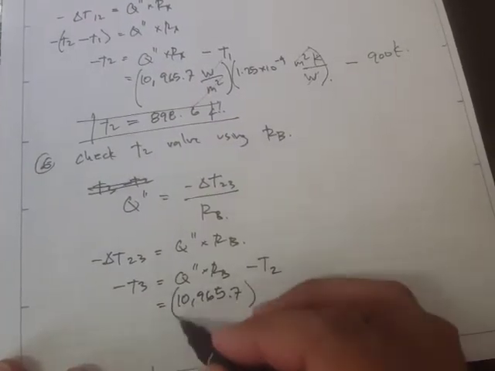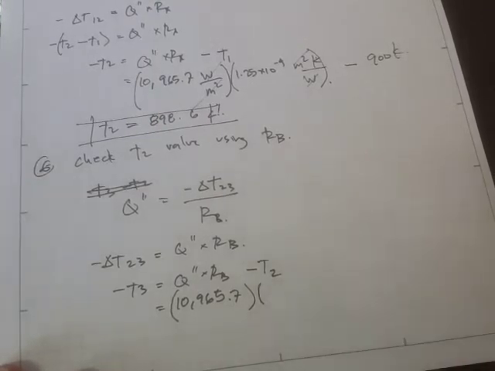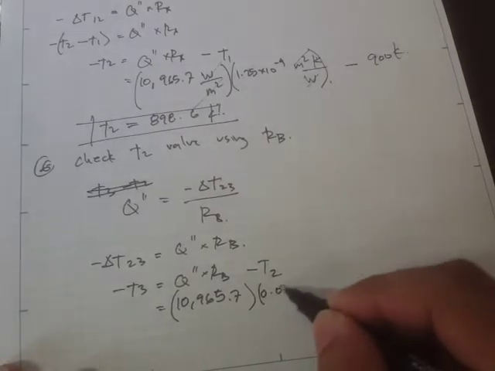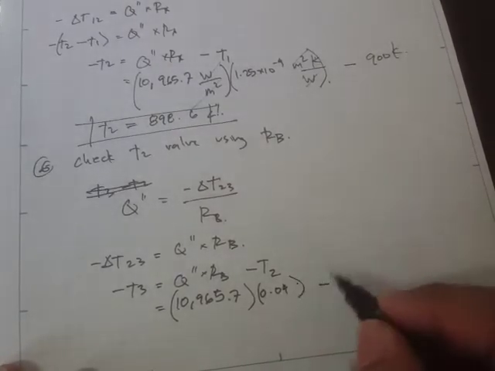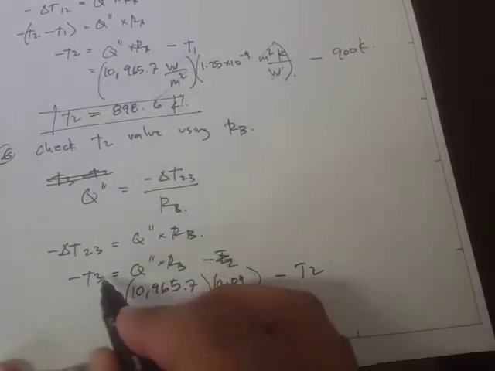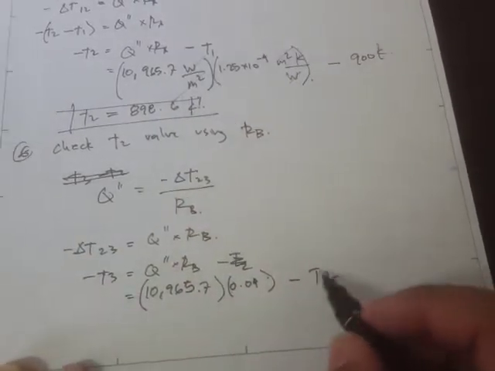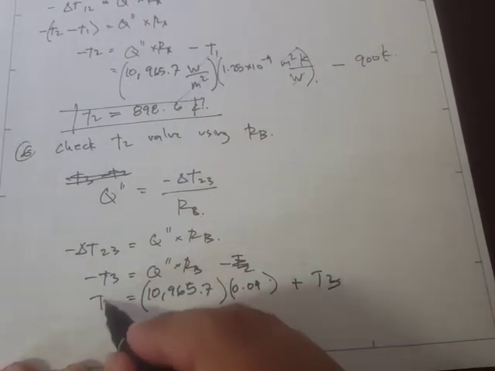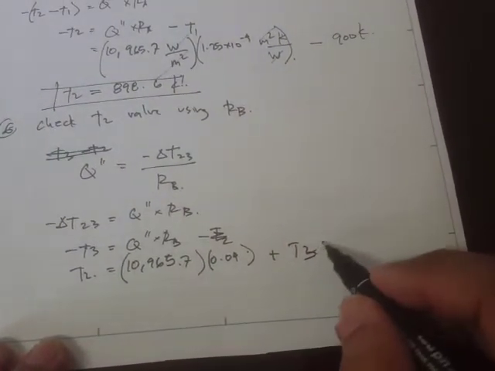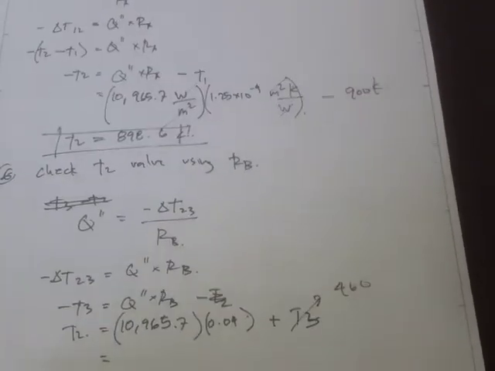And this is 10,965.7 times R sub B, which is 0.04, minus T sub 2. Sorry, I think we should interchange this. Sorry about this, it should be T sub 3, and this should be T sub 2 because this is what we are solving. So what is T sub 3? This is equal to 460.